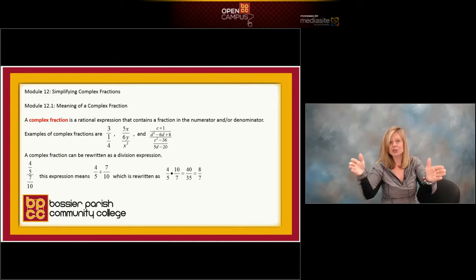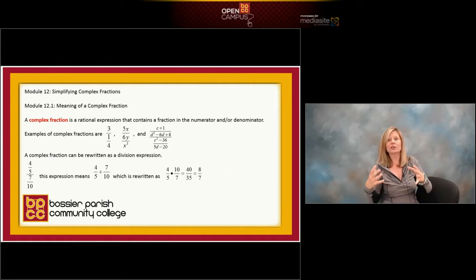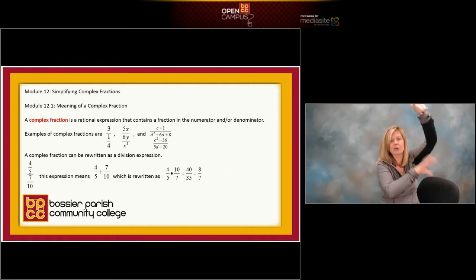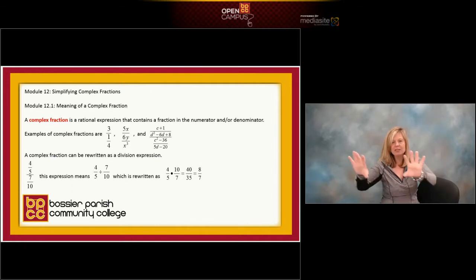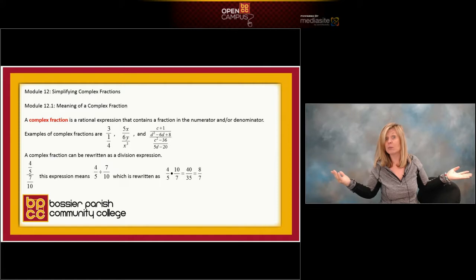So now I see the two fractions side by side, horizontally, which is the way you're used to seeing them. So don't get all crazy that they're on top of each other. Just write them side by side. And now you know how to work that. That's dividing fractions. Dividing fractions, easy as pie, flip the second and multiply.